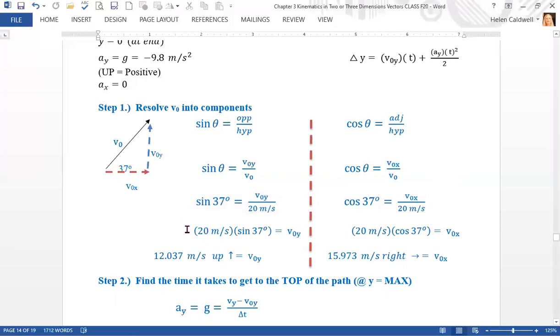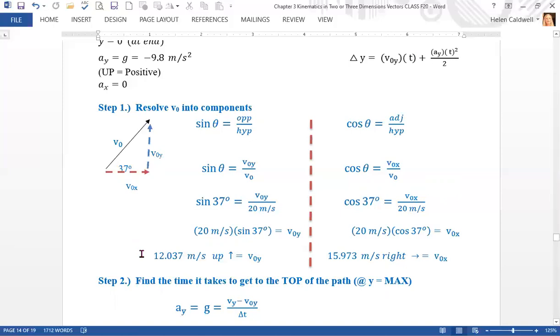So 20 meters per second multiplied by the sine of 37 degrees equals V0 in the y direction. So you would make sure your calculator is in degree mode. You would punch in 20 and then times sine 37 and hit equal or enter. You should get 12.037.